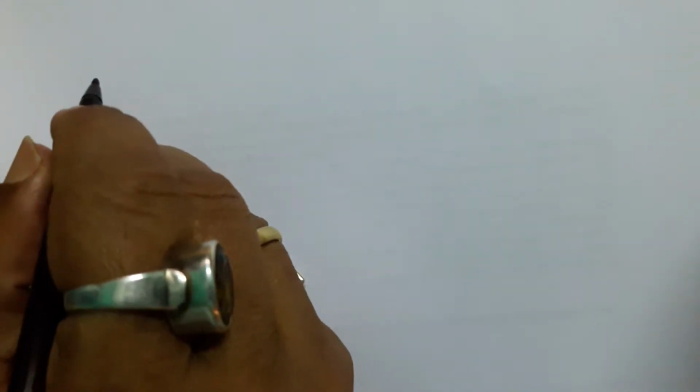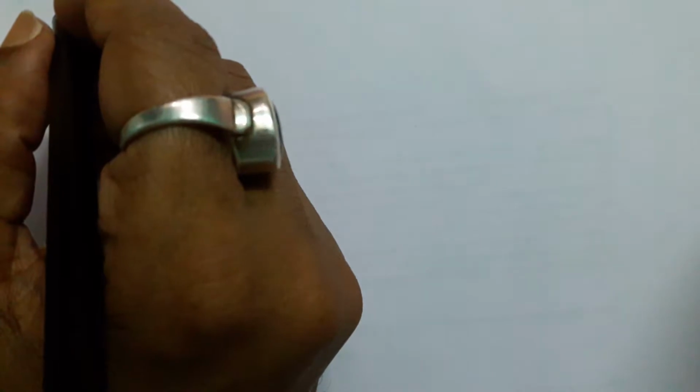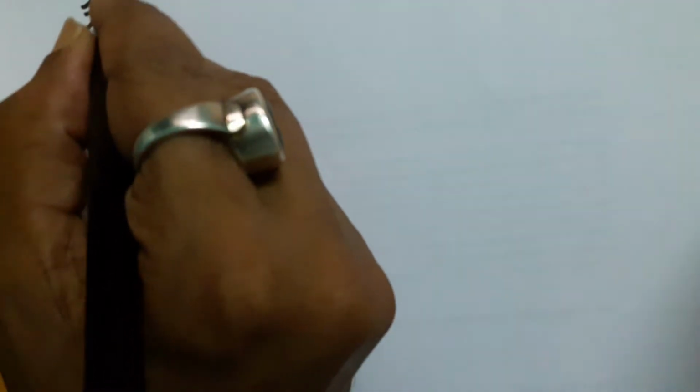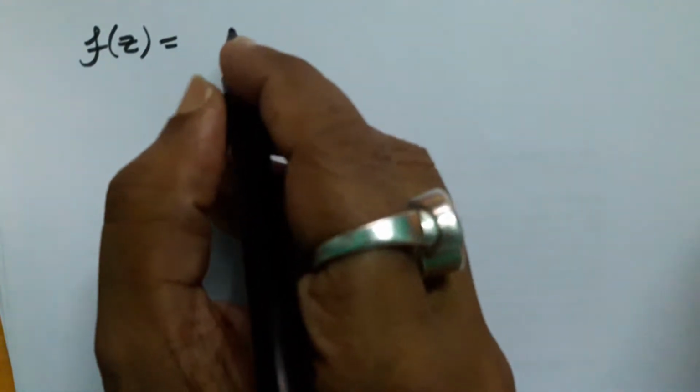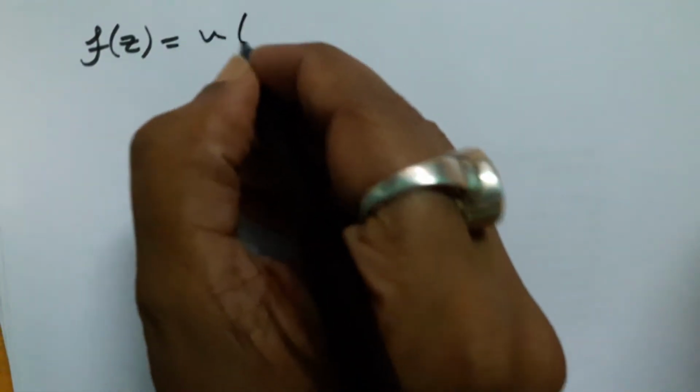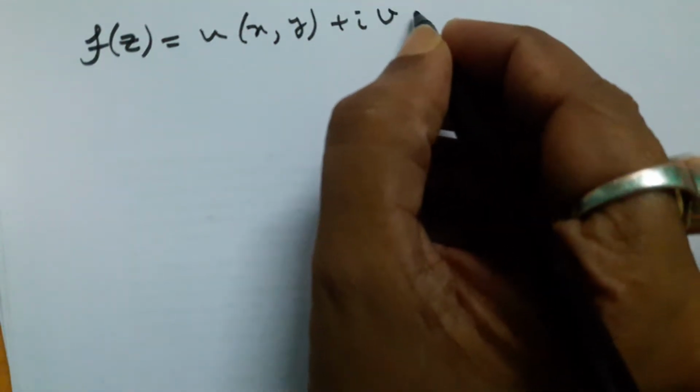At first, let us consider the function f(z), which has two component functions u and v, and the first order derivatives of the component functions u and v. The function f(z) is equal to u(x,y) plus i v(x,y).